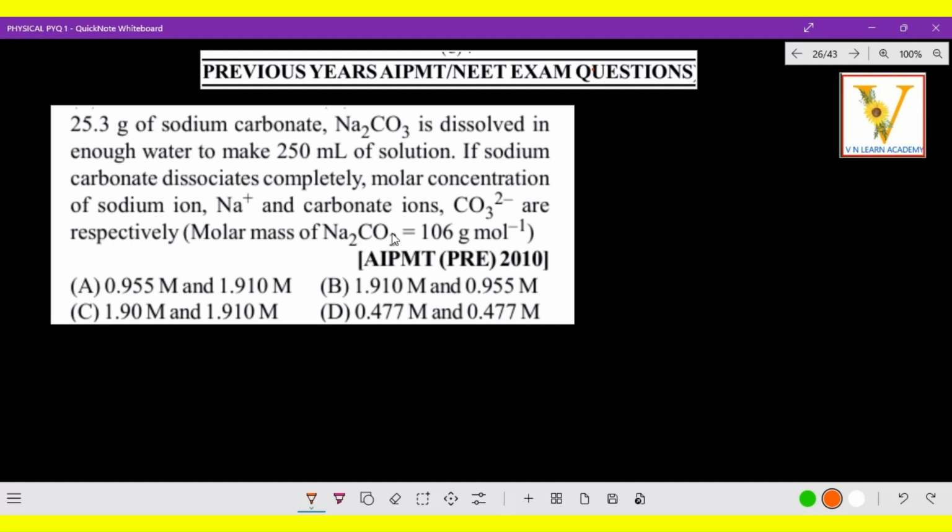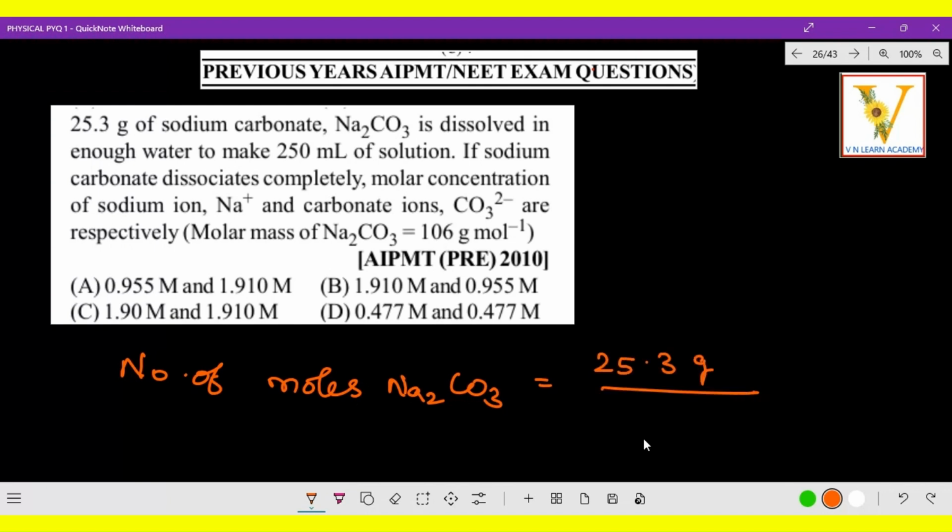The data they have given includes the molar mass. Number of moles is given mass by molecular mass. So number of moles of Na2CO3 is 25.3 gram divided by 106 gram per mole.